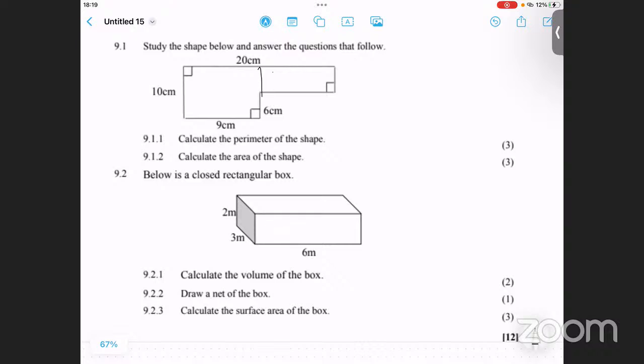And now what's going to be the perimeter for this shape that you're having here? How are we going to calculate the perimeter for the shape that you see here?